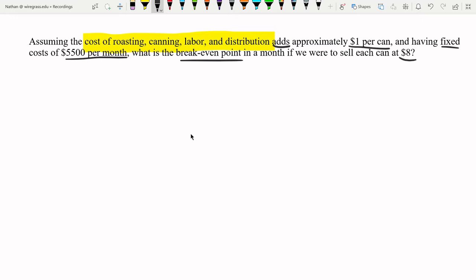To do so, we're going to use a variable x. We only really need one variable here, as it turns out. What we're really asking is, how many cans do we need to sell for this situation to get a break-even point? So x is the number of cans sold. At this point, we can come up with the two different equations that are important for what we're trying to find.